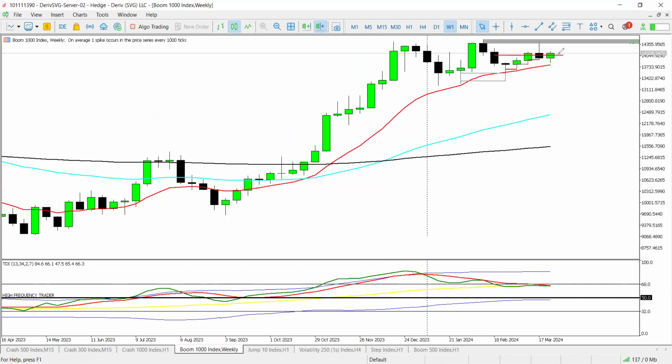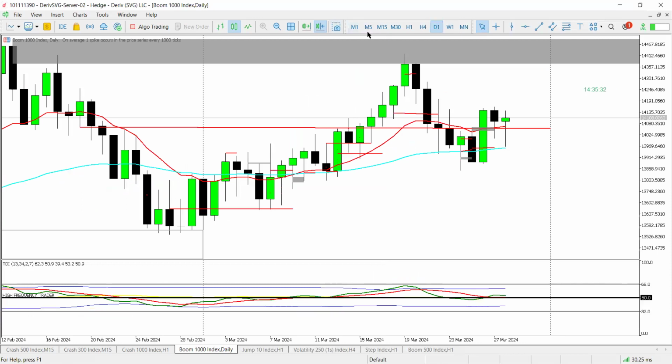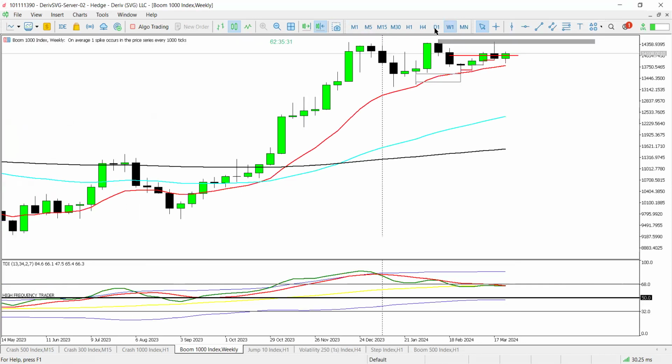Two things. It's either price is already reacting off the 13 EMA and they want to push up here, or they will still tap into the 13 EMA and make contact with it before they push up again. So where it's at, based on the weekly, it can literally go either way.